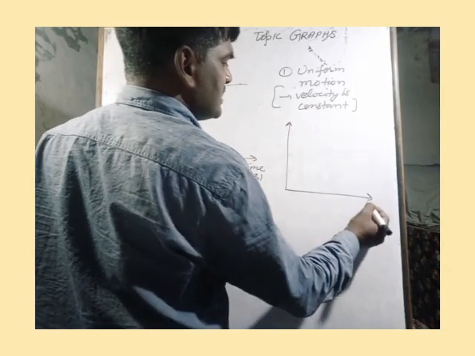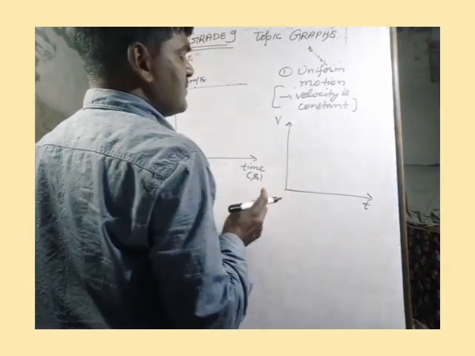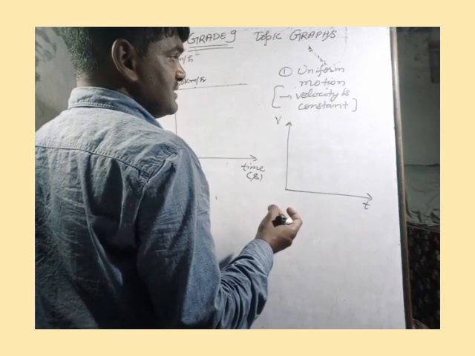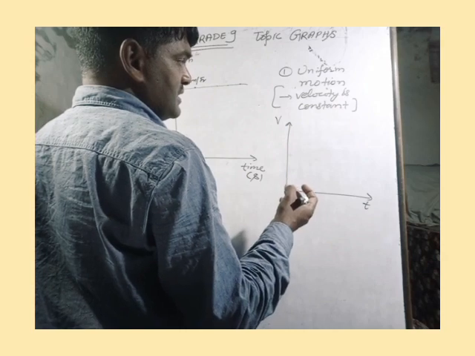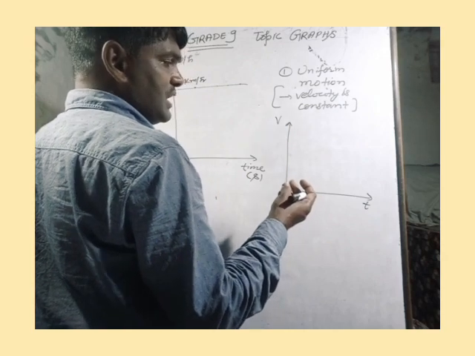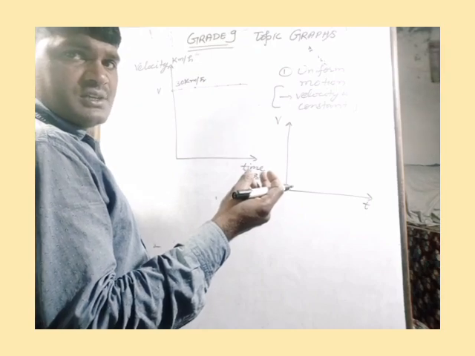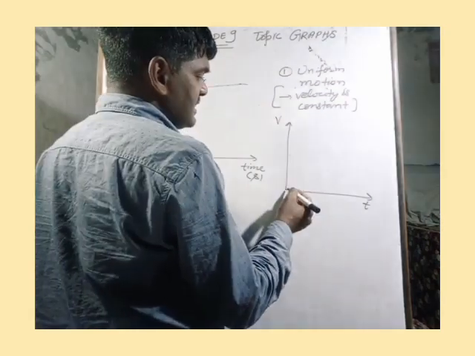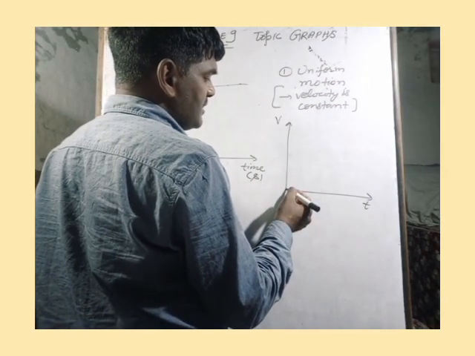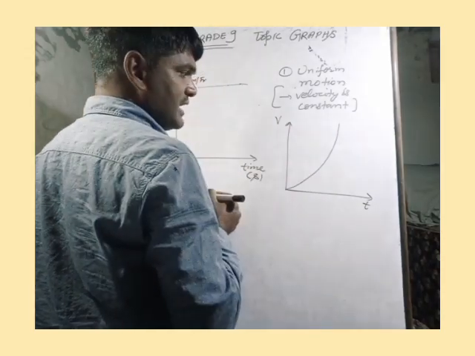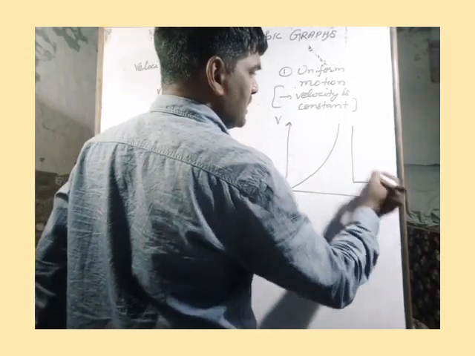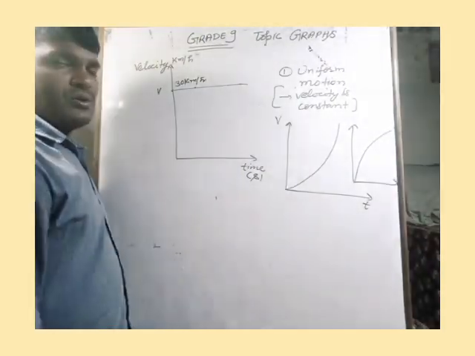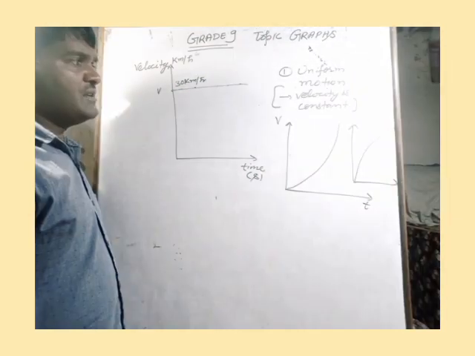In the velocity time graph, velocity is changing, and how that velocity is changes may depend upon the driver of the object or vehicle. For instance, no doubt, we can take a graph like that, or we can plot another graph like that for changing velocity.